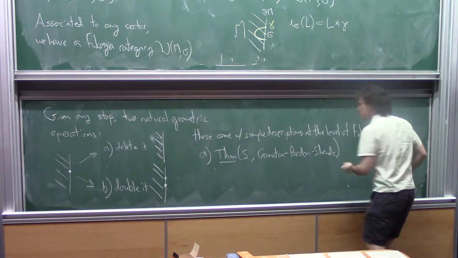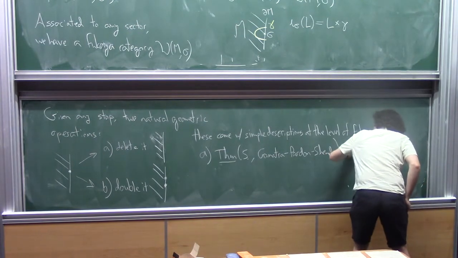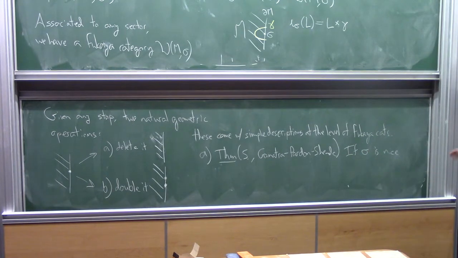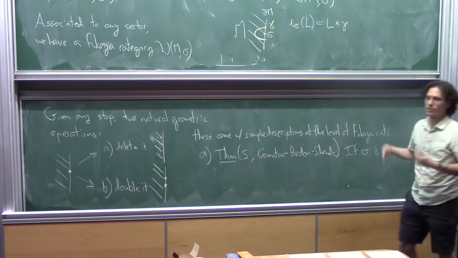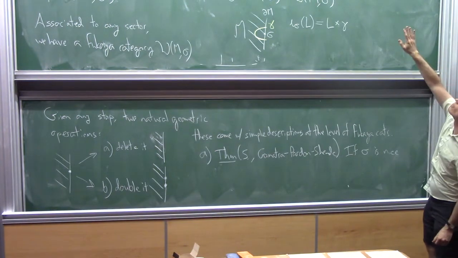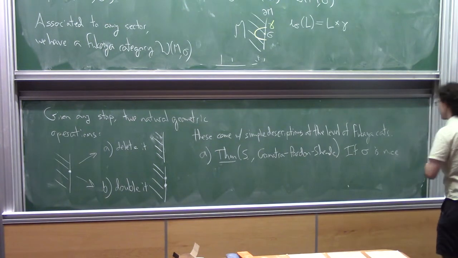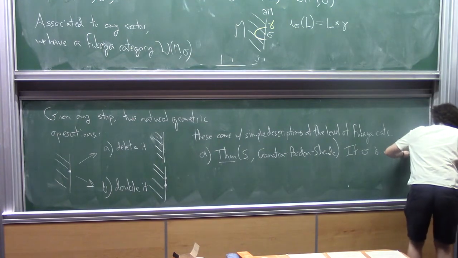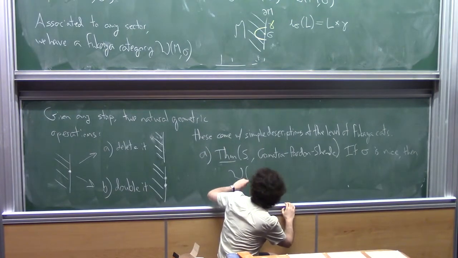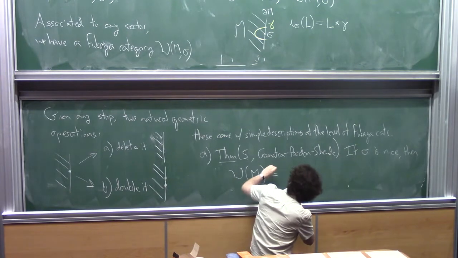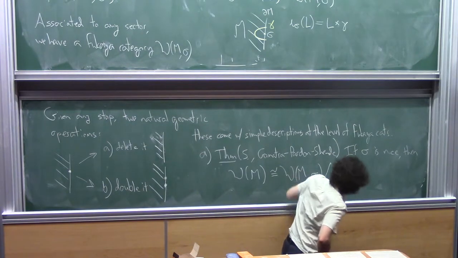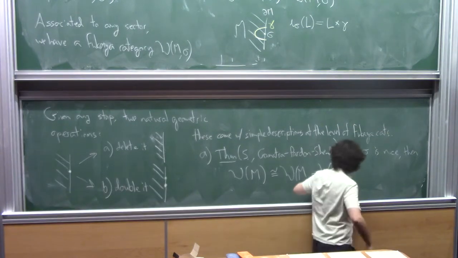And this is called stop removal. It says, if sigma is nice, and the difference between these two versions is exactly what we mean by nice, but any sigma of the form described up there is nice, then the wrapped Fukaya category of M is equivalent to the partially wrapped Fukaya category W of M sigma modulo the objects in the image of I sigma.